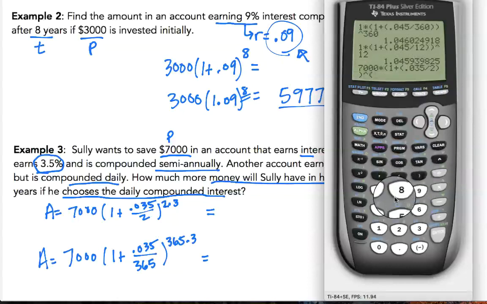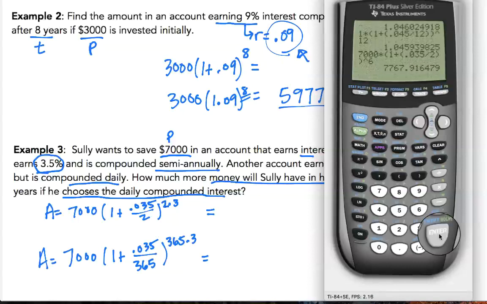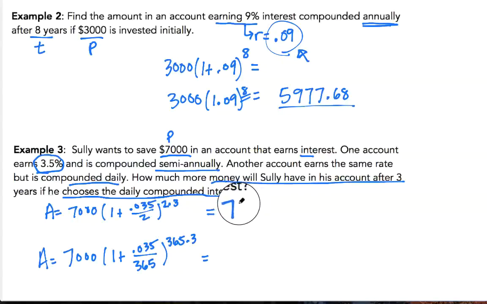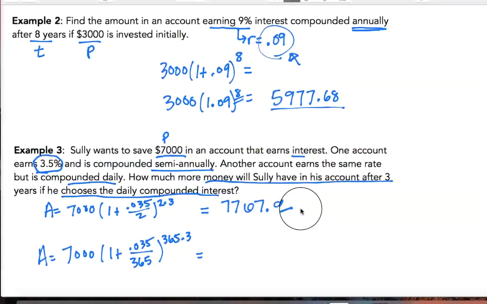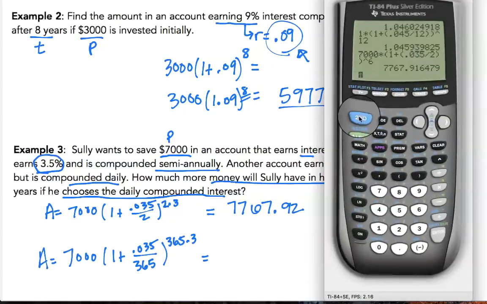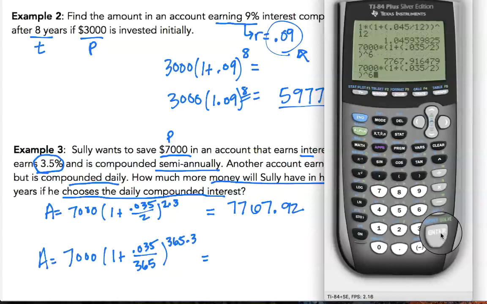Let's just do to the 6th power. All right, when we press enter, we'll get our $7,767.92.